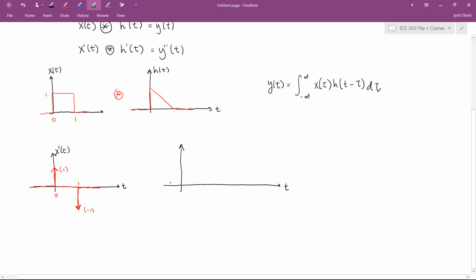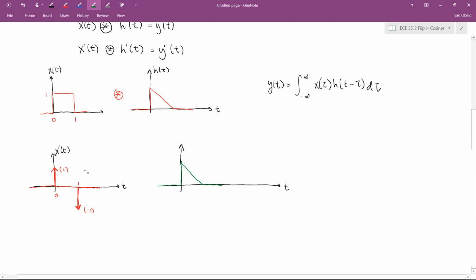So let me go ahead and draw that. I will get a copy of h. Let me draw that a little tidier. Okay, so that is from the first impulse.